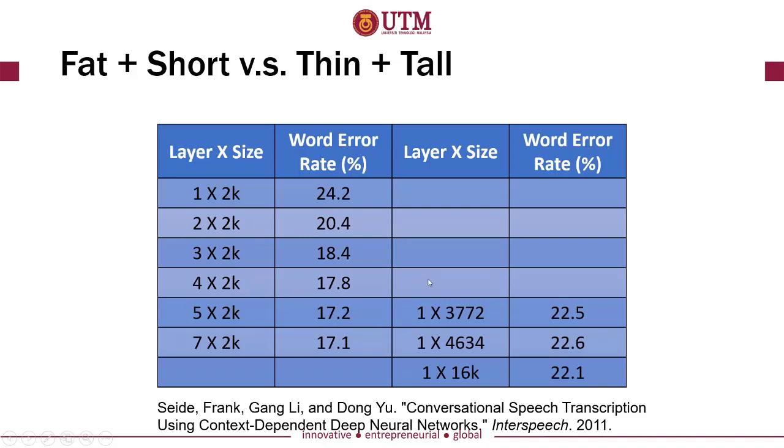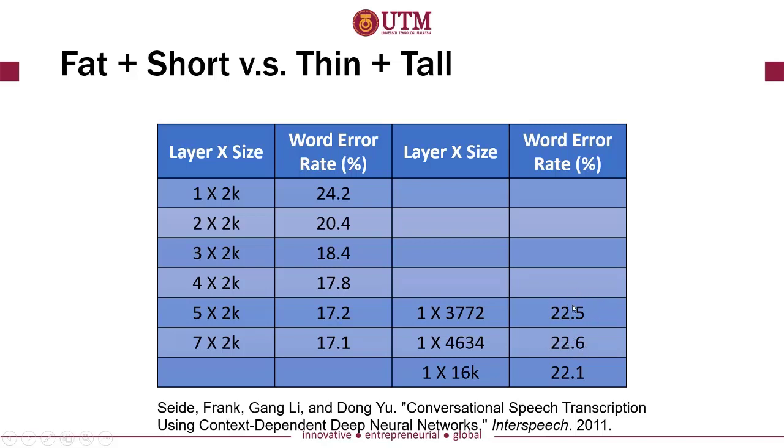So you can see the effects there. For example, increasing from 3000 to 4000 neurons makes the word error rate a little bit worse, because the percentage increases by 0.1%.